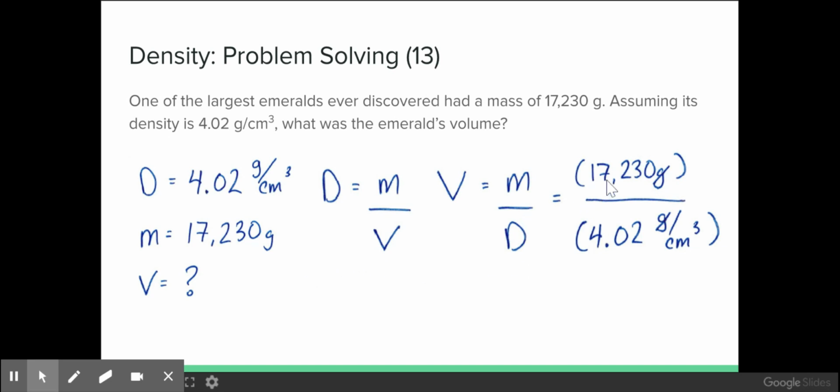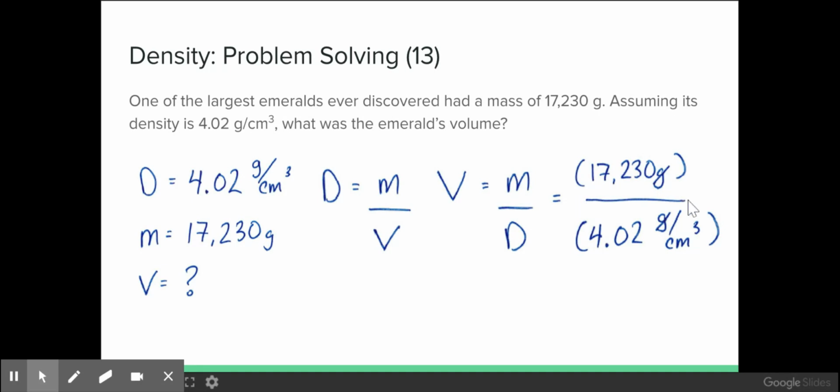My mass is 17,230 grams. Notice how I put the units in there to show you that if I have grams divided by grams, those units are going to divide out and give me 1, which leaves me with 1 over 1 over centimeters cubed, which mathematically will give me centimeters cubed by the end of that calculation.